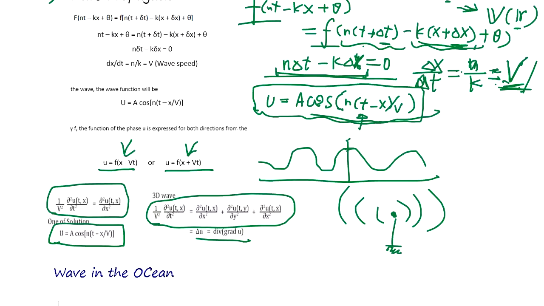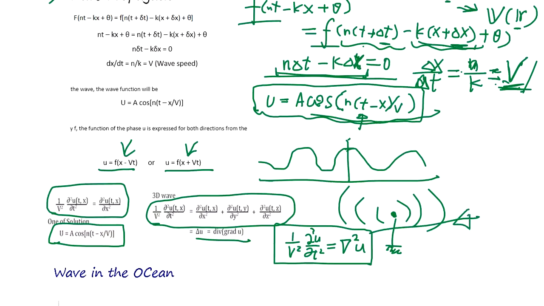So the speed square and the second derivative is going to be delta square u. So this is going to be the typical wave equation, and in fact this is the equation used for electromagnetic EM waves, and even quantum mechanics, the particle waves take the similar wave equation.